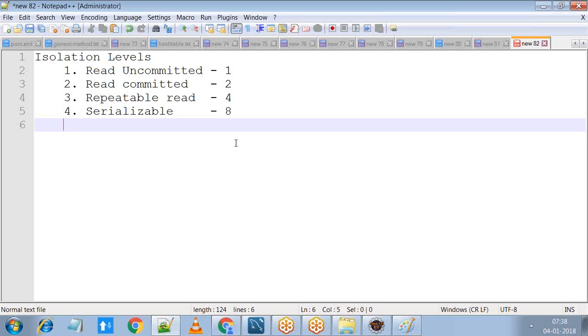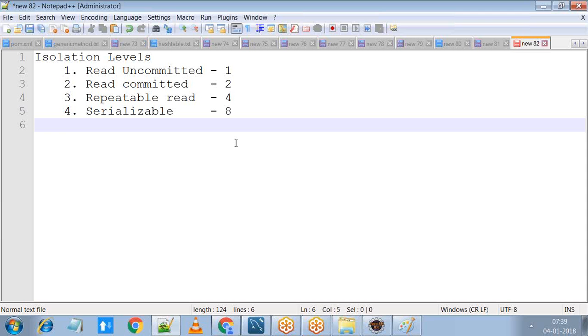That means no other transaction will be able to read or write this data.